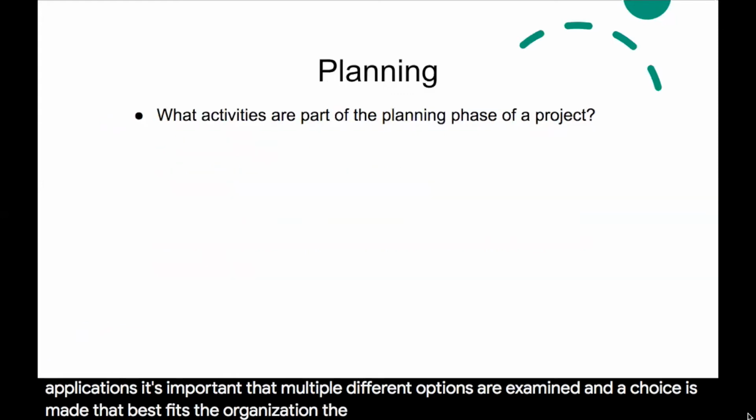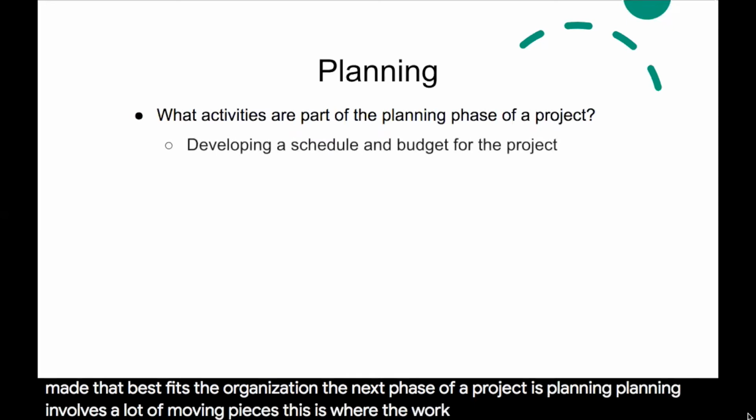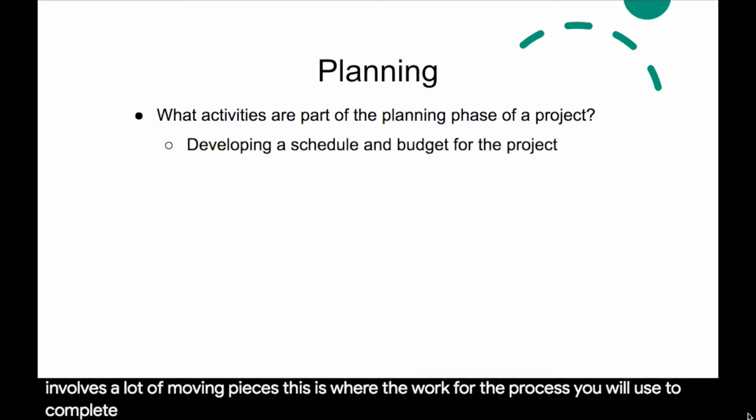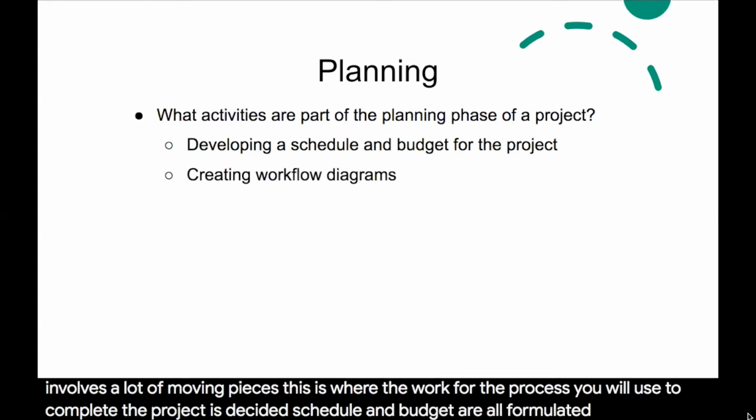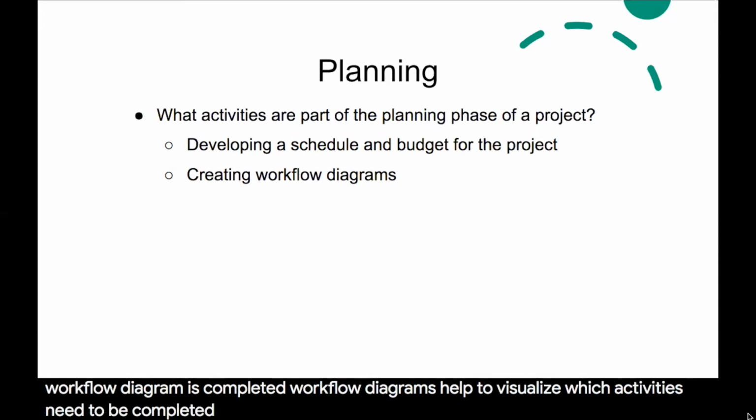The next phase of a project is planning. Planning involves a lot of moving pieces. This is where the work for the process you will use to complete the project is decided. Schedule and budgets are all formulated, and a workflow diagram is completed. Workflow diagrams help to visualize which activities need to be completed before other activities can begin.